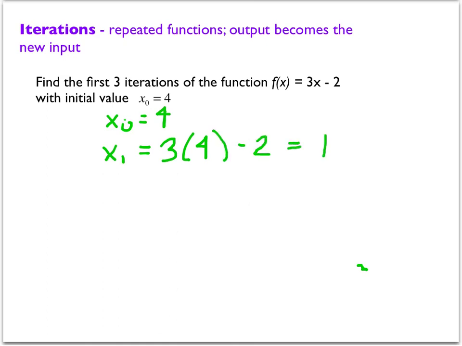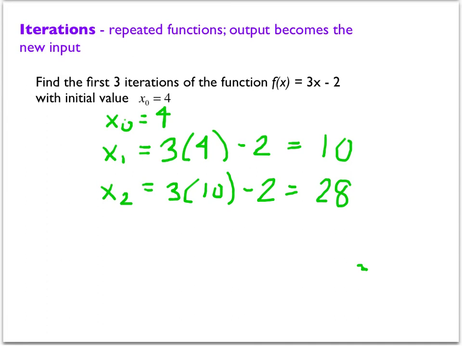So that's 12 minus 2, which is 10. My next iteration, I'm going to take this 10 now and put 10 in place of this x. That's where the iteration comes from. And so now I'm going to have 3 times 10 minus 2. That's 30 minus 2, which is 28.